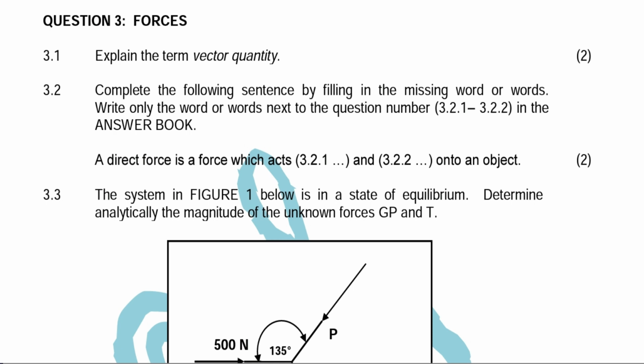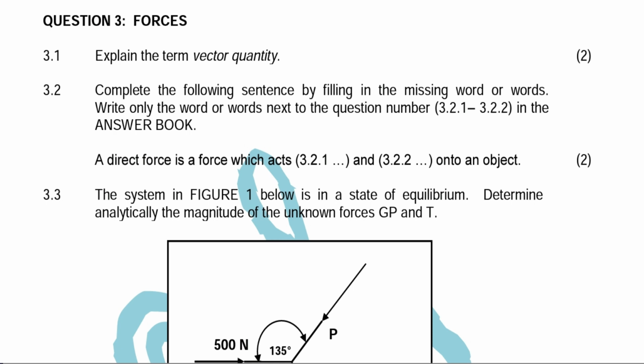And then we move to the next one, which is 3.2 rather. They say complete the following sentence by filling in the missing word or words. Write only the word or words next to the question numbers 3.2.1, 3.2.2 in the answer book.